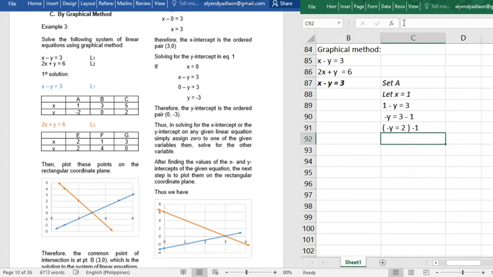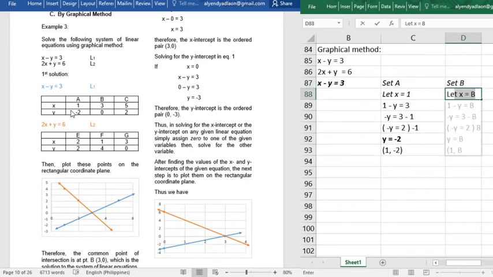But aside from multiplying, you can also divide by negative 1, because multiplying or dividing the same negative numbers will give us a positive answer. So negative y times negative 1, that is y, and positive 2 times negative 1, that is negative 2. So as you can see in our table, if x is 1, y is negative 2.